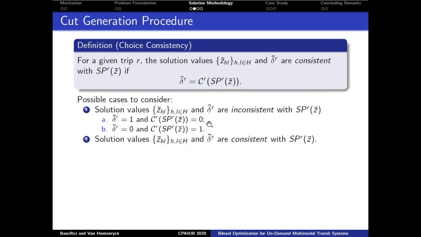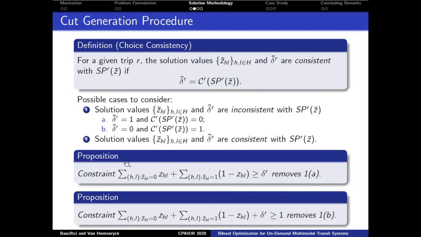So in this case, we need to add a cut to relate this z bar variable with this delta r variable in such a way that if z is equal to z bar, then our delta r value should be 0. And we need to also add a similar cut for case 1b. So more specifically, we propose the following two cuts, where the first cut removes case 1a and the second cut removes case 1b using the no-good cuts.